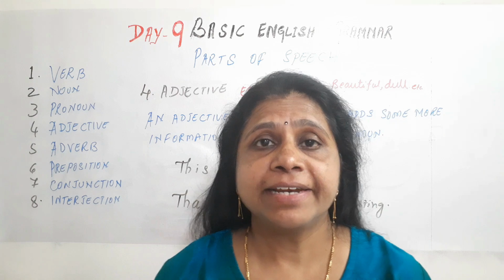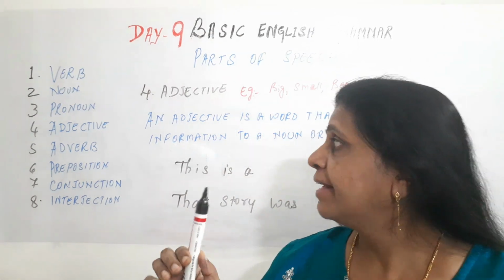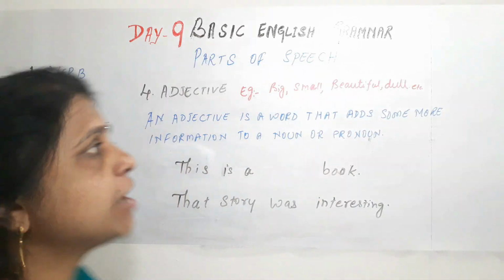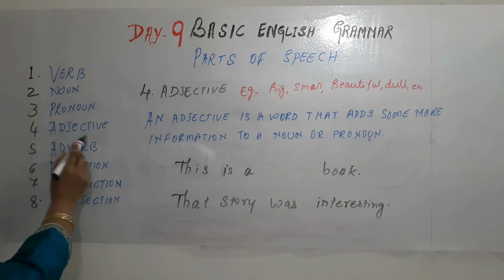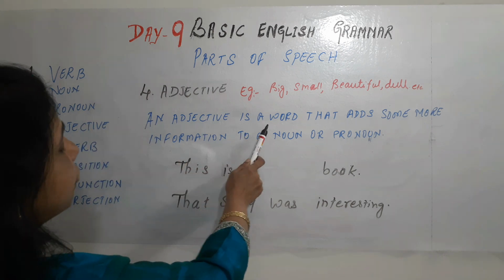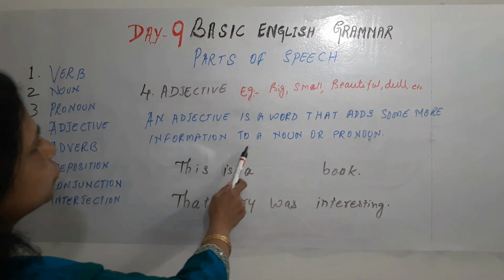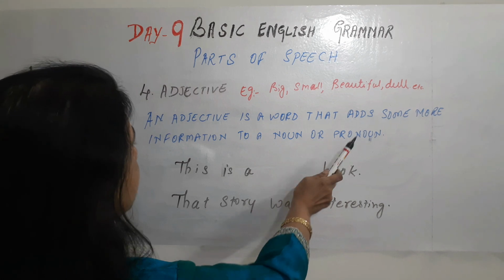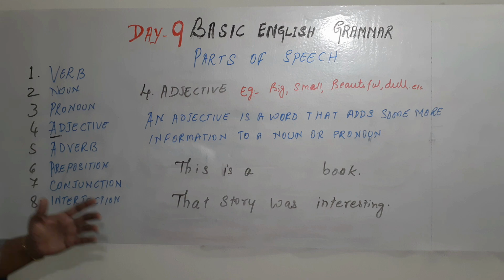Now let us understand the fourth part of speech, that is the adjective. We have seen verb, noun, pronoun, now adjective. So what is an adjective? An adjective is a word that adds some more information to a noun or pronoun. Dear friends, you have seen add. Add means it is adding.